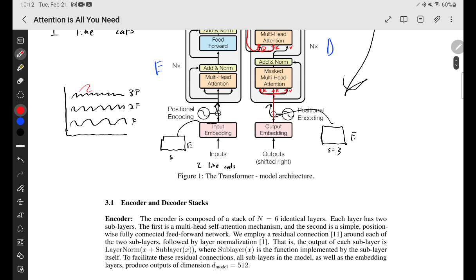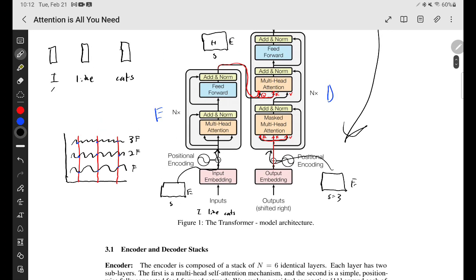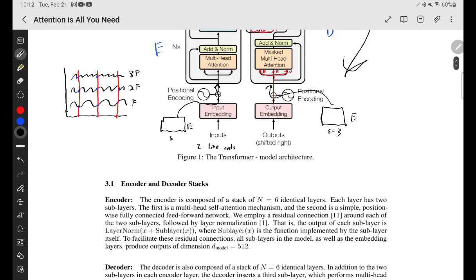And you can sample them uniformly. So we'll sample this 3 times, and on the sampled locations, you get a value for the sine wave there. We're sampling this 3 times because we have 3 vectors, I like cats, and we need positional information for all 3.